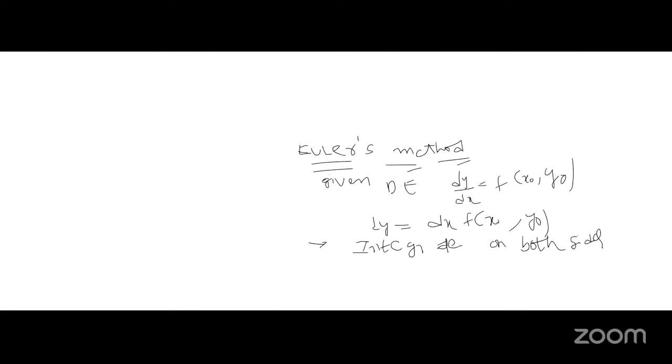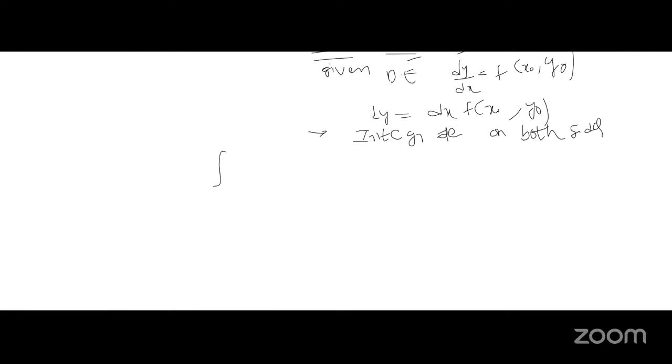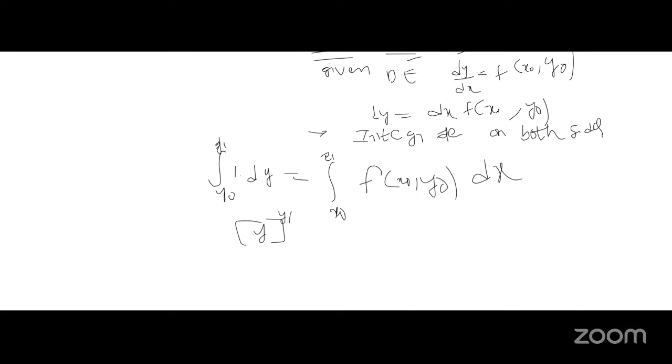So that becomes the integral from y naught to y1 of dy, and this is the integral from x naught to x1 of f of x naught comma y naught into dx. So the integral of 1 into dy is y, and the right side we write as it is.